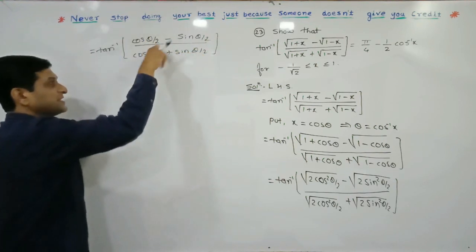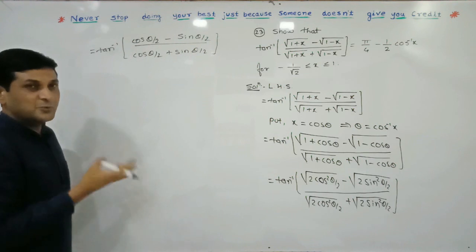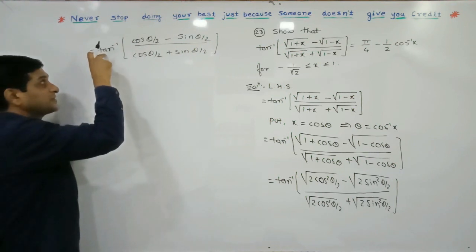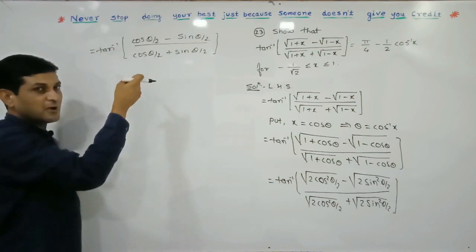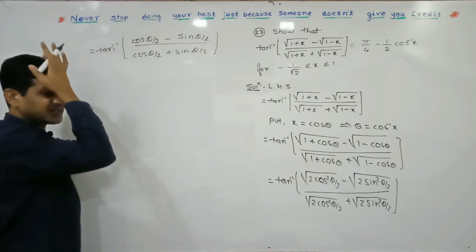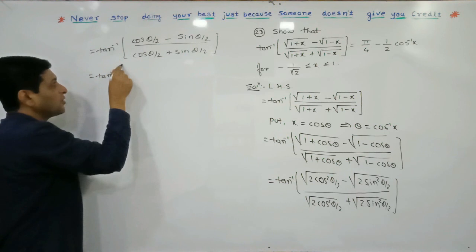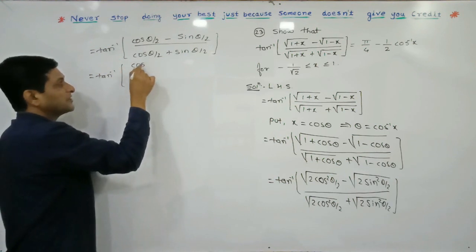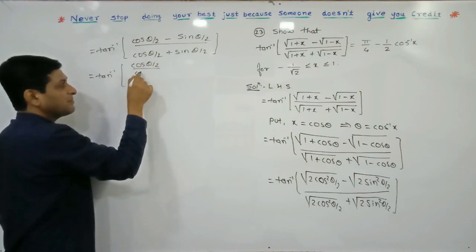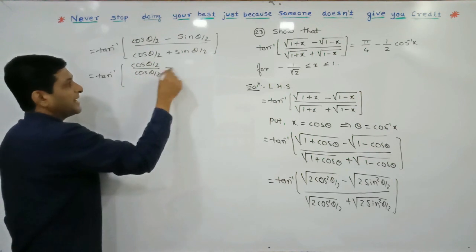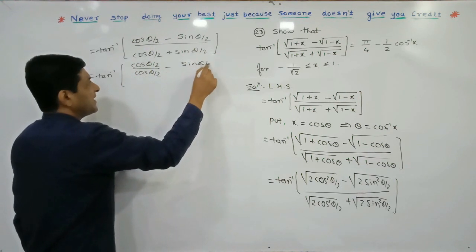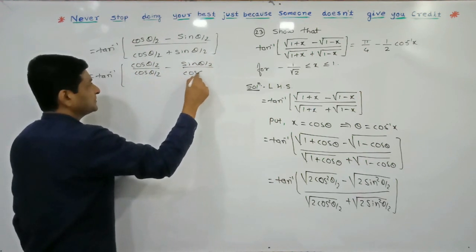Now to convert this expression in terms of tan. Why are we converting it in terms of tan? Because tan inverse is there, and according to our property tan inverse and tan will get cancelled. So that's why we are dividing the numerator and denominator by cos theta by 2. So cos theta by 2 divided by cos theta by 2 minus sin theta by 2 divided by cos theta by 2.